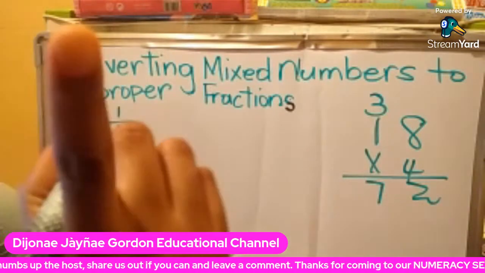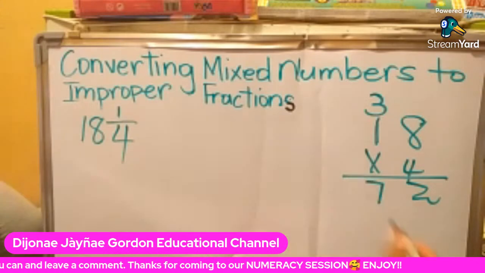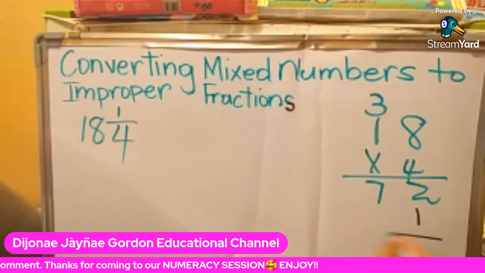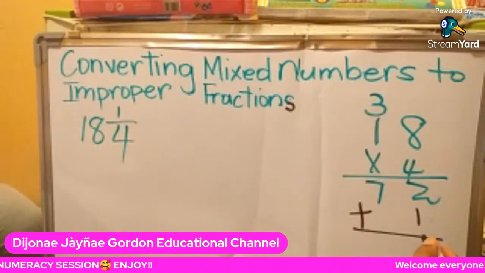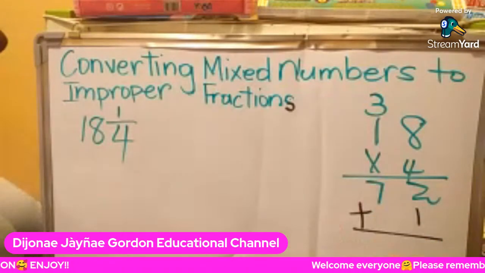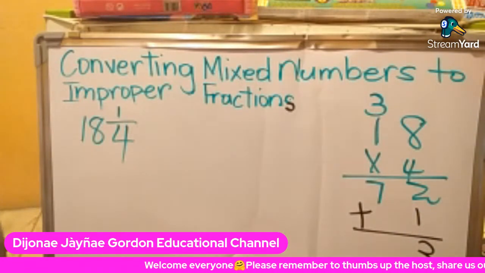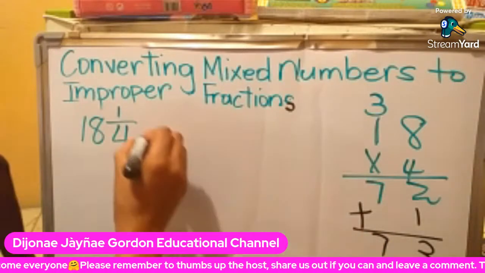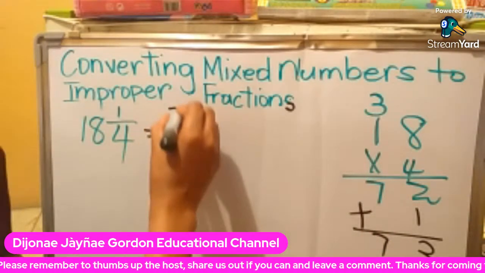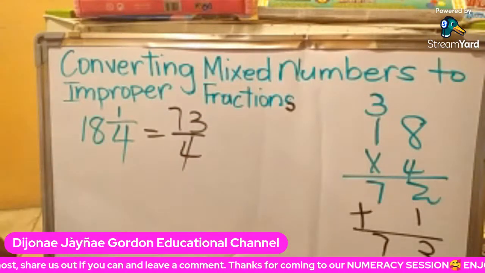So now you are going to add 1 to it, and remember 1 is a 1-digit number, so you put it in the ones place. So 7 is going to be by itself. So look now, 2 plus 1 is 3. And 7 plus nothing gives you 7. So your answer is going to be 73 over 4.